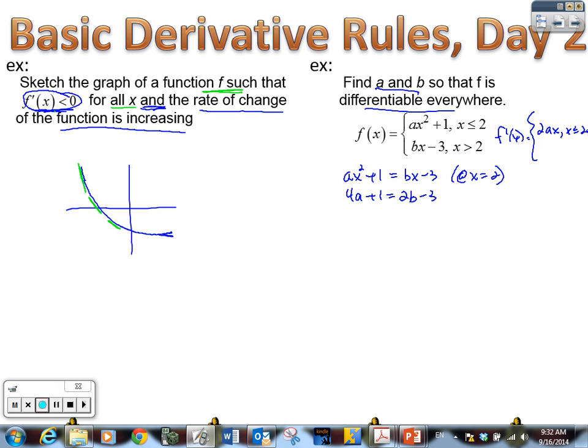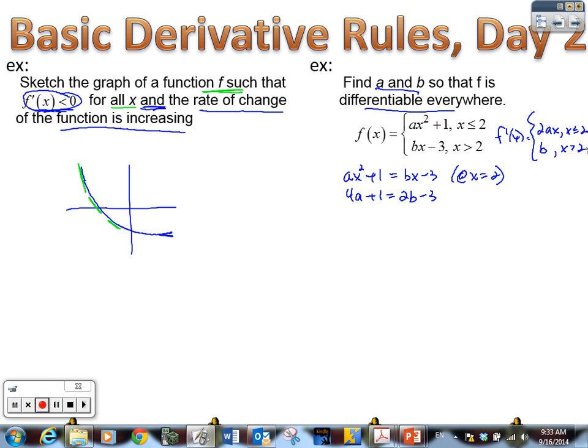Now for the second piece, remembering that b represents a constant. It's just a number. So the derivative of the second piece would be b, and the derivative of negative 3 is 0. So it's just b at x greater than 2. So there's our derivative. Now to ensure that it's differentiable, the derivative has to have the same value at 2.